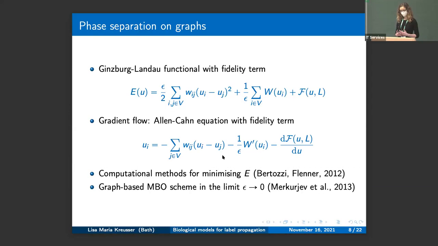And again, one can develop computational methods for minimizing this Ginzburg-Landau functional, or alternatively, people have already developed graph-based MBO schemes for solving the limit as epsilon goes to 0 numerically.